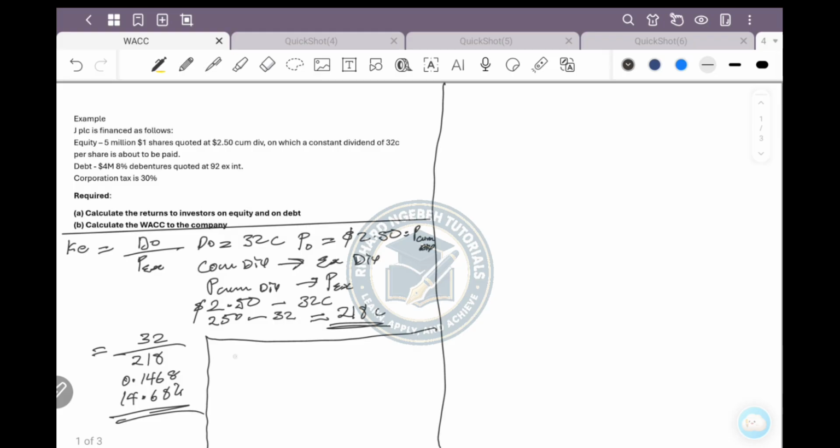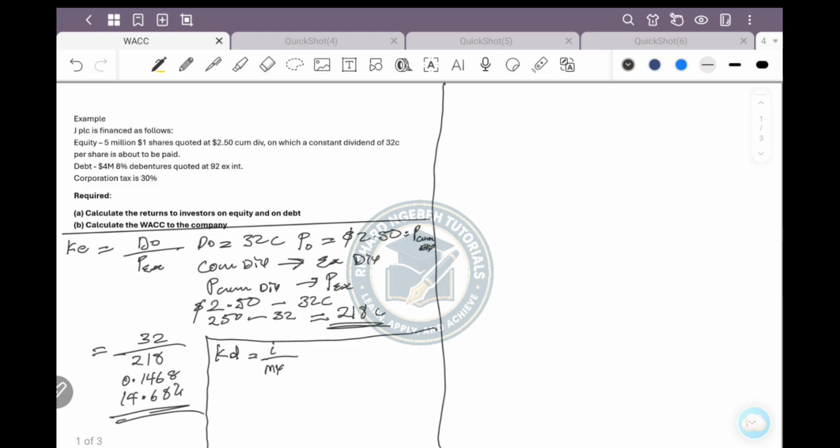So cost of debt will be KD, and KD, you know, is just the interest on debenture upon the market value of debenture. So now, what is our interest on debenture?